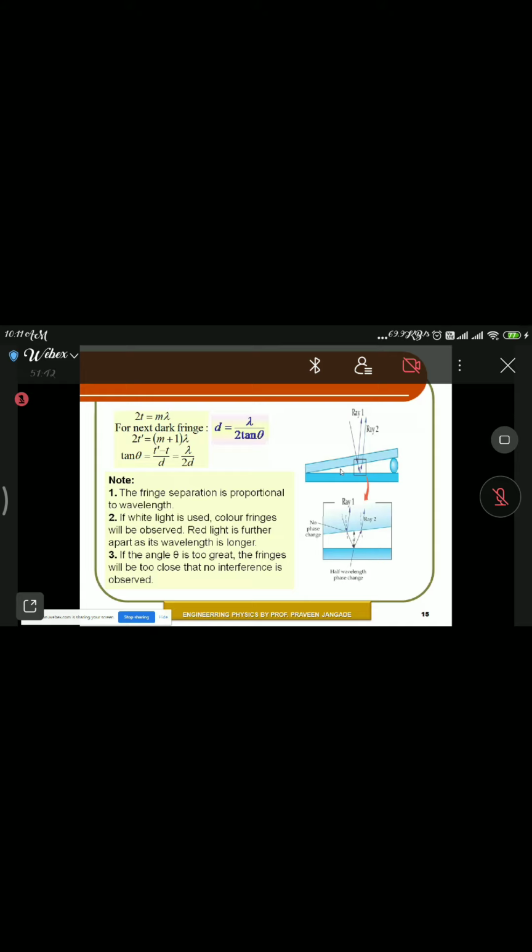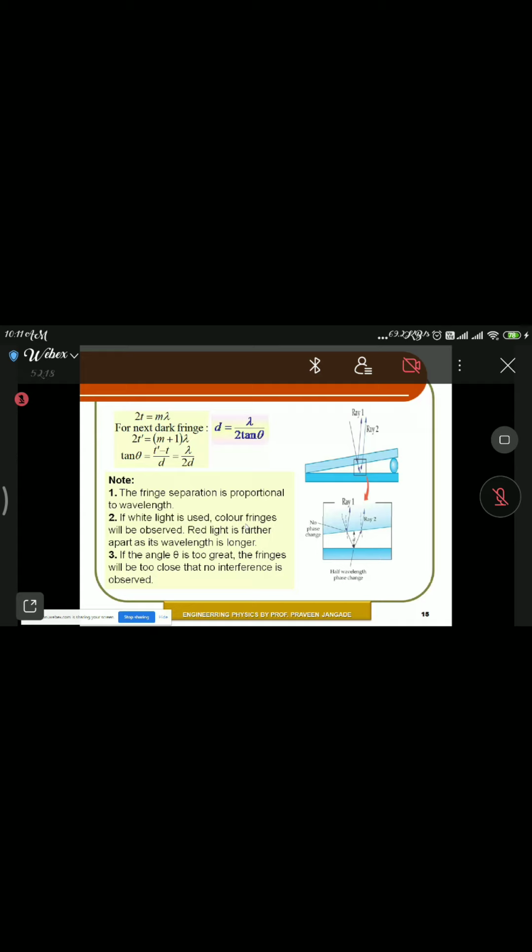Then there are some other tricky questions, like if white light is used, what kind of pattern will we get? The simple answer: if the monochromatic light is replaced by white light, you will get alternate bright and dark fringes as in monochromatic light, but the dark pattern will remain the same, while wherever there is a bright pattern, it converts into a color pattern.